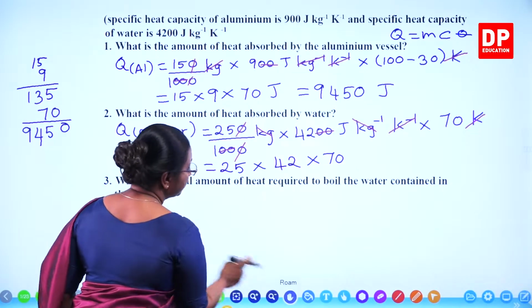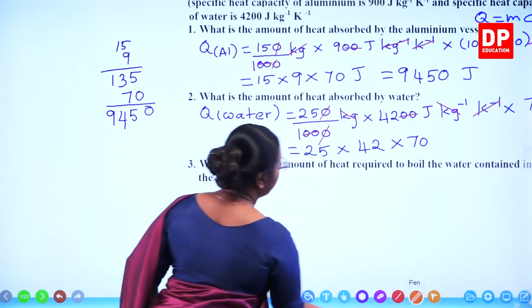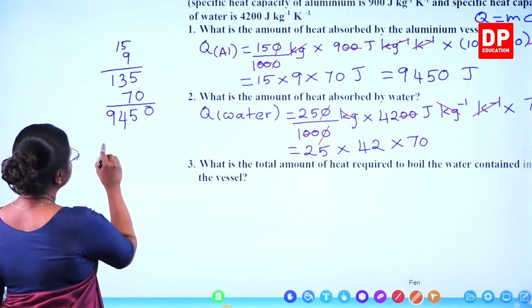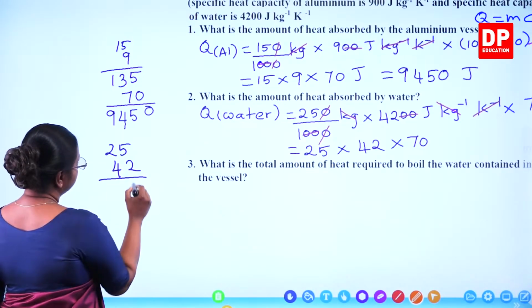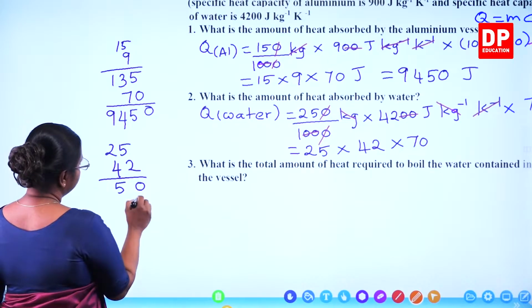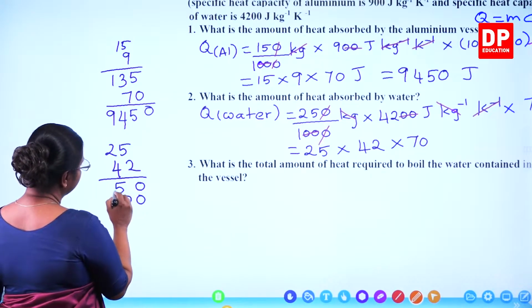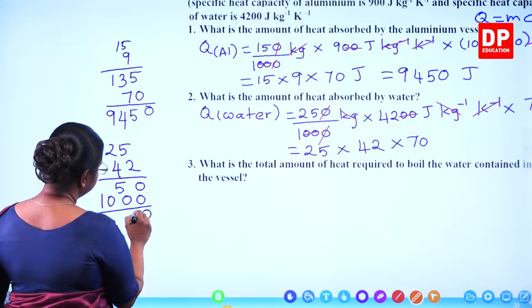If we are to simplify those values, I will do the calculation here. 25 into 42. So 2 into 5, 10. 2 into 2, 4 and 5. Then we have 4 into 5, 20. 2, 8, 10.